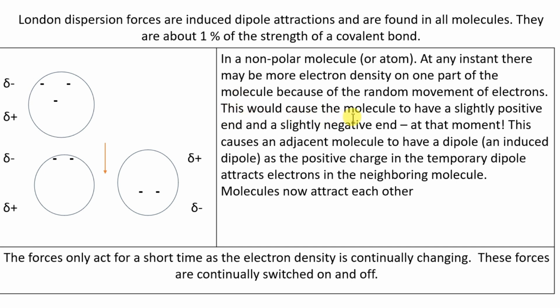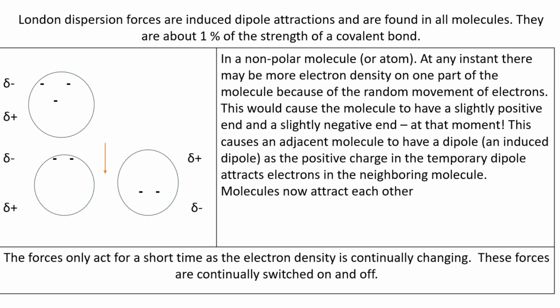Now, this would cause the molecules to have a slight positive end and a slight negative end at that moment. This causes an adjacent molecule to have a dipole, an induced dipole, as the positive charge in the temporary dipole attracts electrons in the neighboring molecule.